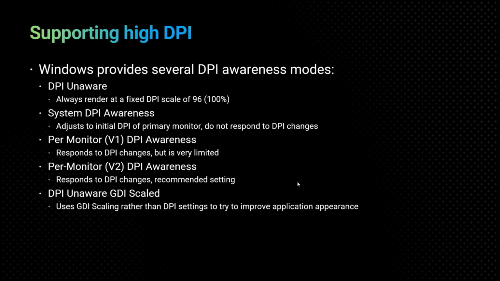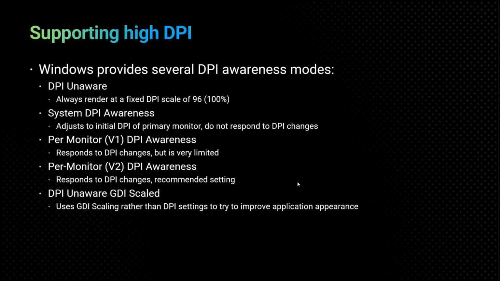So in this case, the application can respond to DPI changes, but in a very limited mode. Then there's per monitor version 2 DPI awareness. This is where the application fully responds to changes in the DPI. And this is the recommended setting. This is what PowerBuilder 2025 has really been optimized to handle.